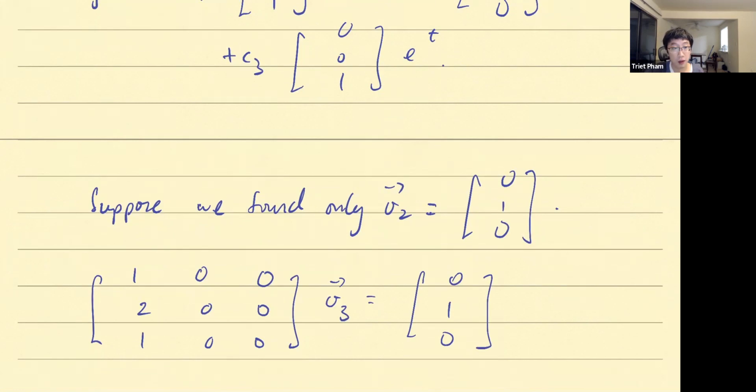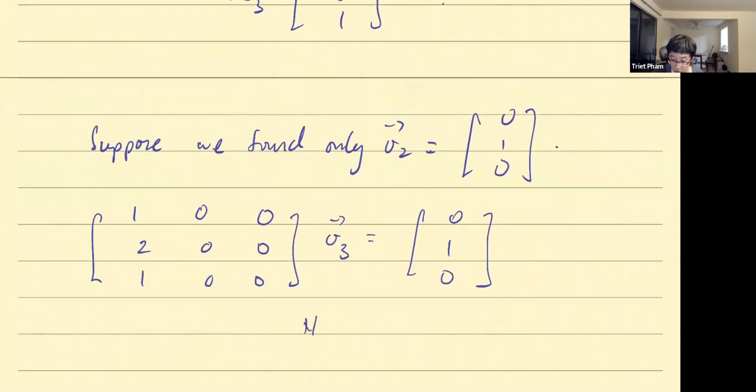What's your V3? Yeah, no solution. Is that bad? Yeah, it's bad. But is that inconsistent?